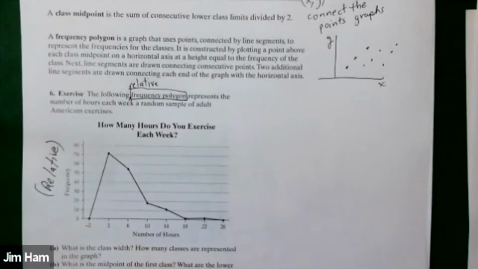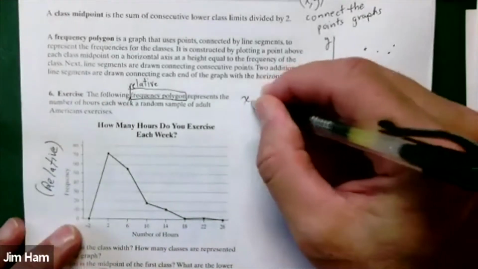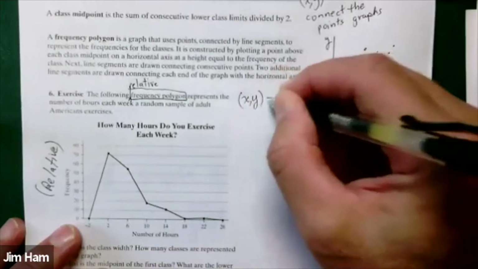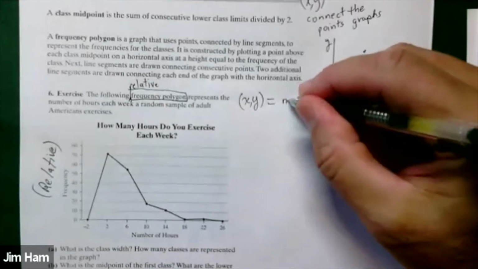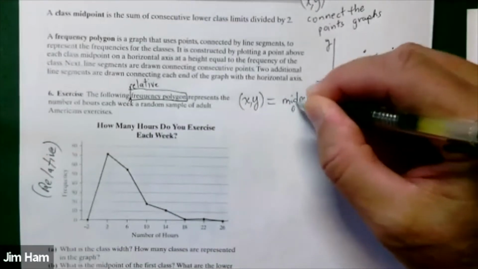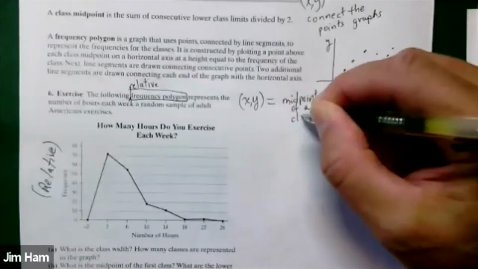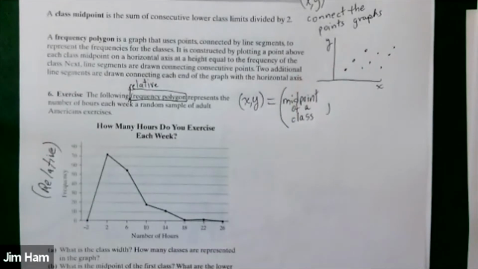When you're interpreting a frequency polygon, it's useful to write down the coordinates of several of the points. The ordered pairs that we're going to use here are of this form. The x coordinate is the midpoint of a class, and the y coordinate is going to be the frequency or the relative frequency.